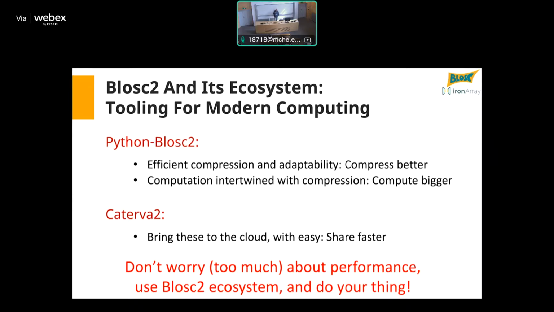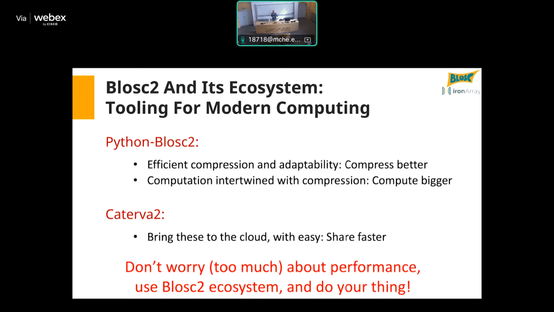So to conclude, BLOSC2 offers tooling for modern computing, right? So with Python-BLOSC2, for example, you can do efficient compression and adaptability because it supports a wide range of codecs and filters. And then the fact that the computation is intertwined with compression also allows you to compute bigger. And then with Caterva2, you can bring all of these advantages to the cloud, okay?